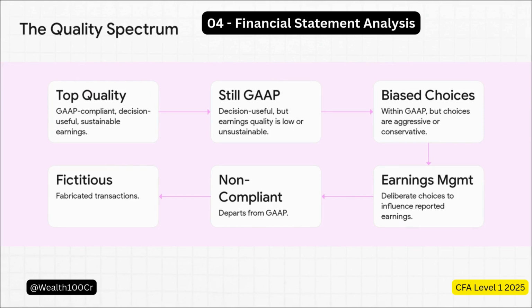But as we move down, things get murky. First, you might have a good report that just happens to show low-quality earnings. Then you slip into the gray area of biased choices, then outright earnings management. And finally, you hit the red zone, reports that don't follow the rules, or at the very bottom, are just completely made up. Our job is to figure out where a company sits on the spectrum.